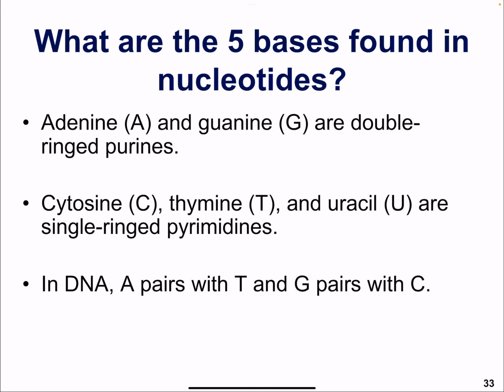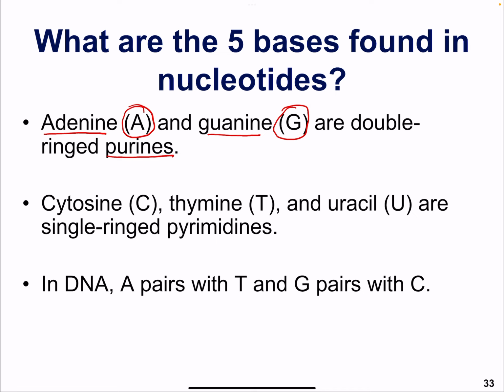Now, the nitrogenous bases occur in five kinds. One is adenine, always abbreviated A. Two, it's guanine, also abbreviated G. Adenine and guanine are double-ringed purines, some kind of nitrogenous compound.